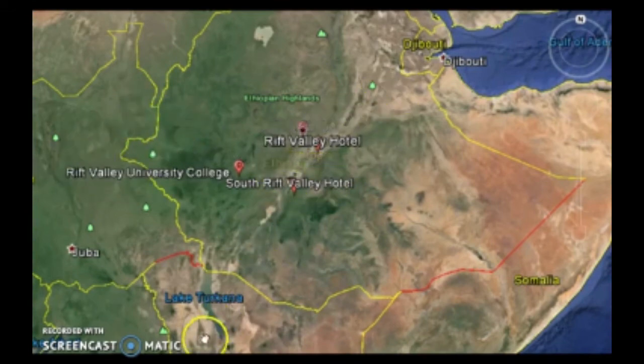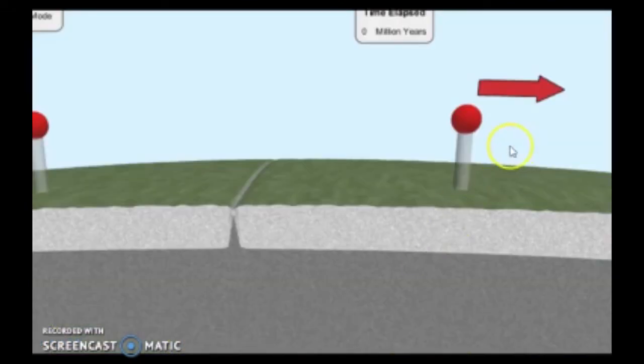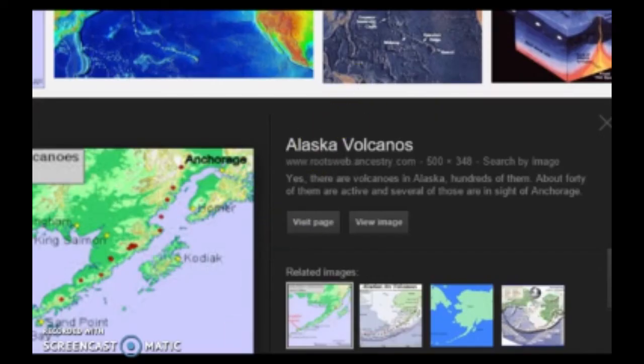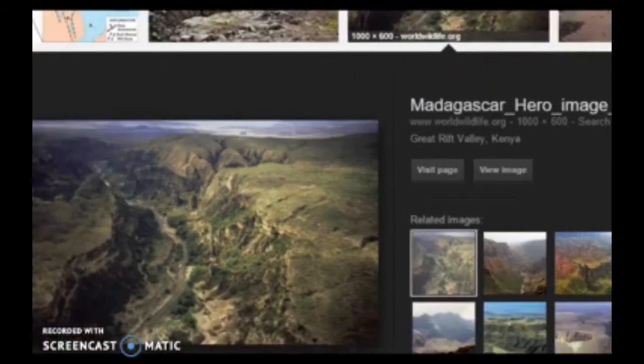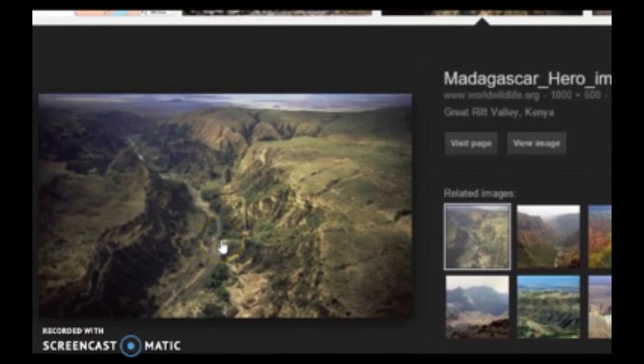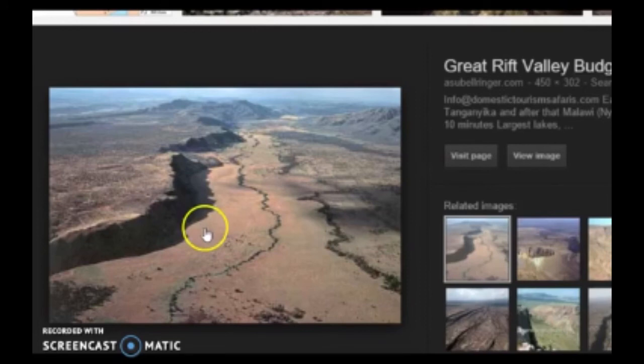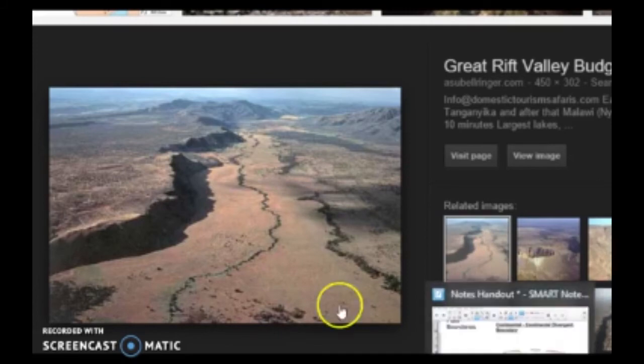Anyway, this part is getting ripped apart, just like we're seeing in our simulation. Okay? It's getting slowly ripped apart, and what we have then is landforms like these, where the continental plate is getting thinner and thinner and thinner.